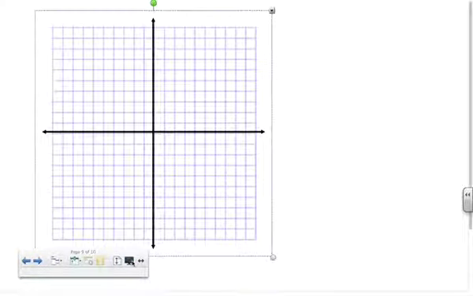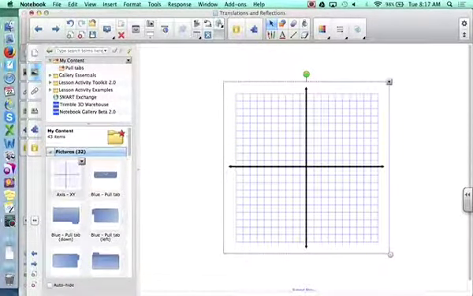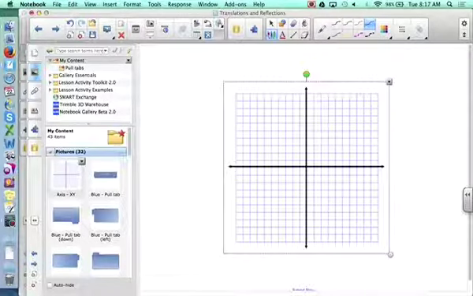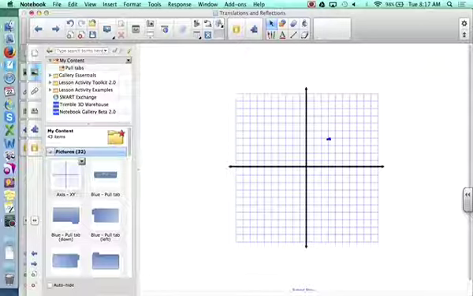My point is 3, 4. And my line of reflection is x equals negative 1.